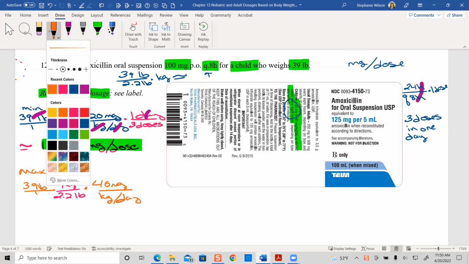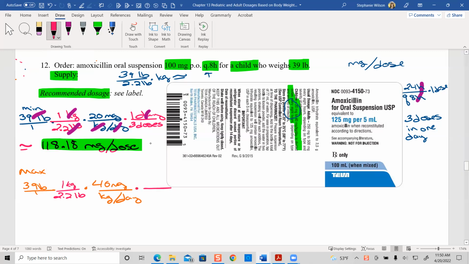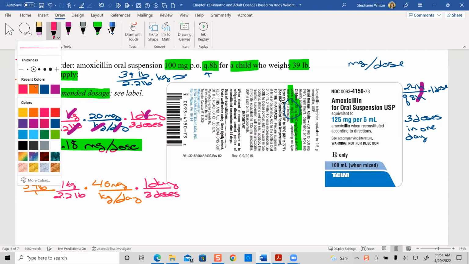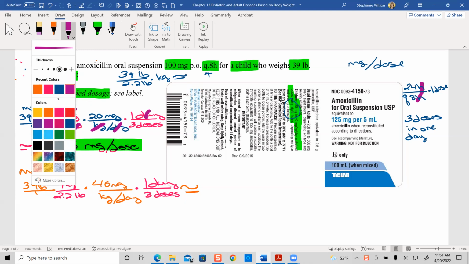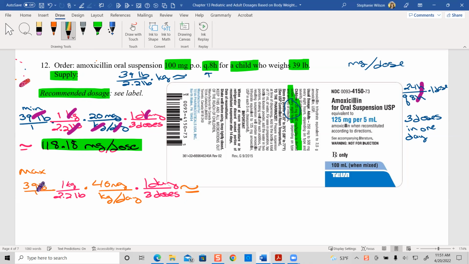I'm going to put in my needed conversion because we need to know the dosage. And if you want to, it makes it easier for you, go ahead and mark it out, because if the units don't mark out right and they're not set up right at the end, then we know that we've set a conversion incorrectly.